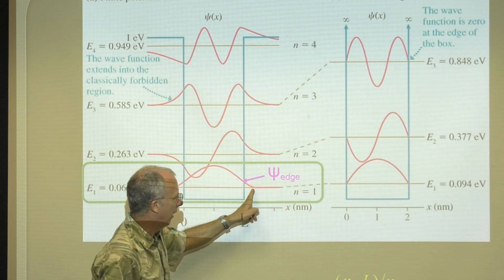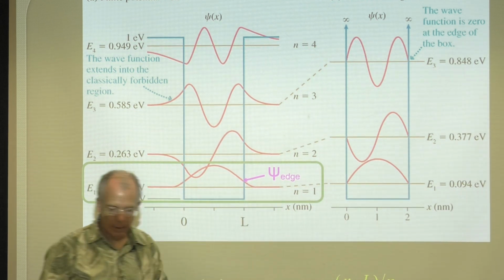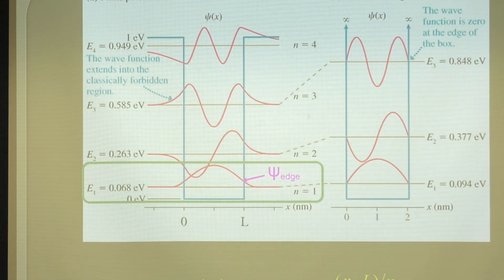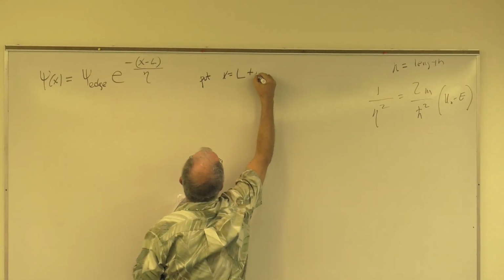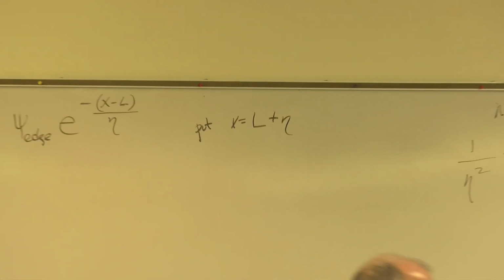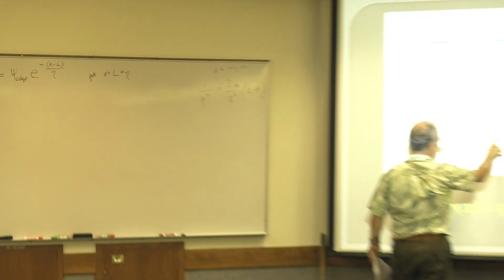So we're somewhere over here, because we want to go over here. We're just investigating to see what's going to happen. So we put x equals L plus eta, so we're over here in the non-classical region.